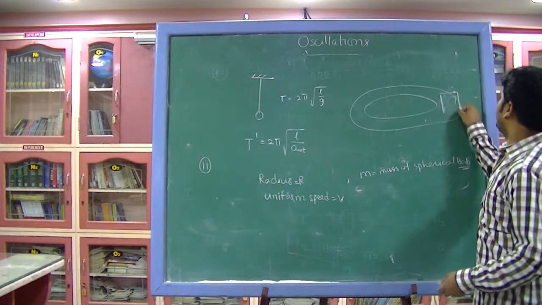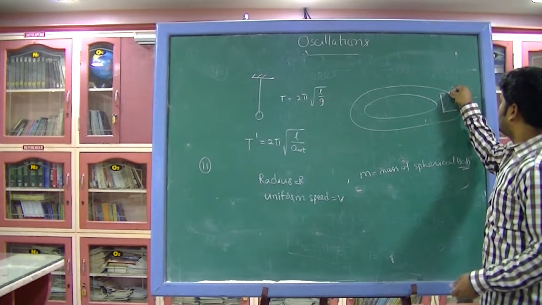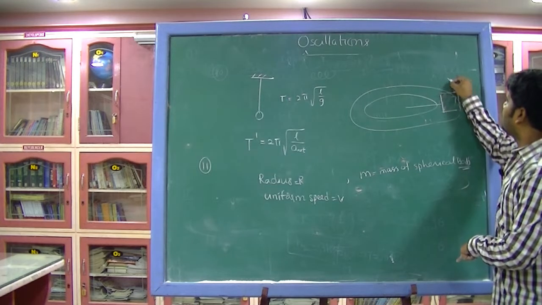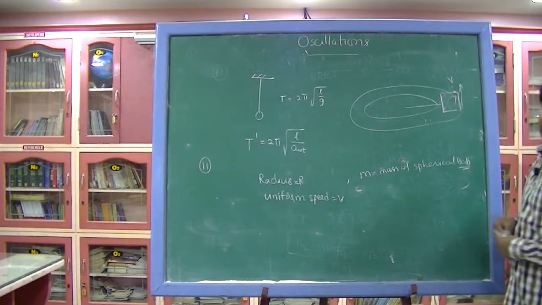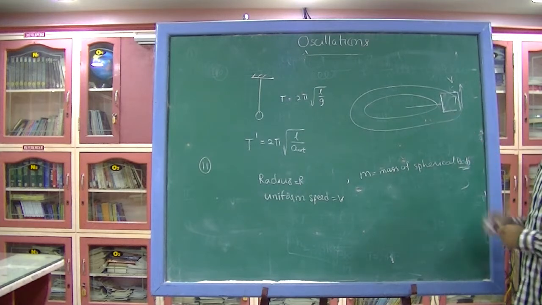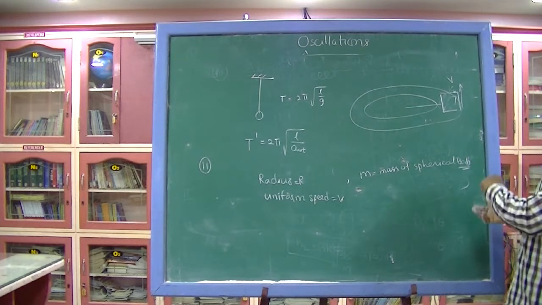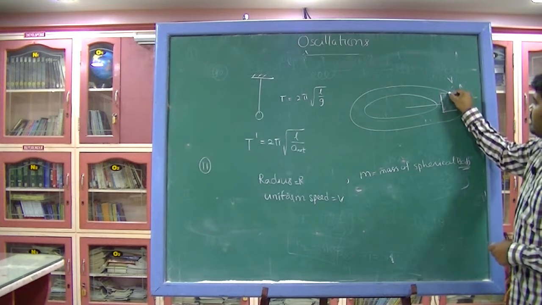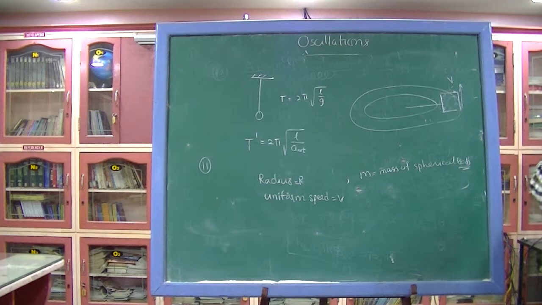Because the car is moving in a circular path with a constant speed v, it will experience centripetal acceleration. So, the pendulum set up inside the car will experience the same amount of acceleration, which is away from the center of the circular path.